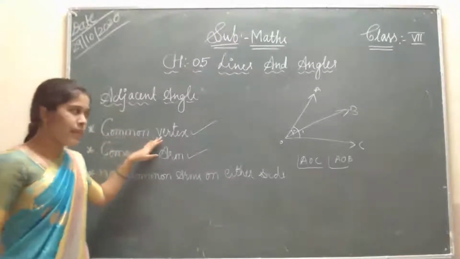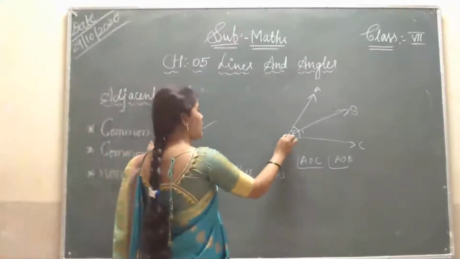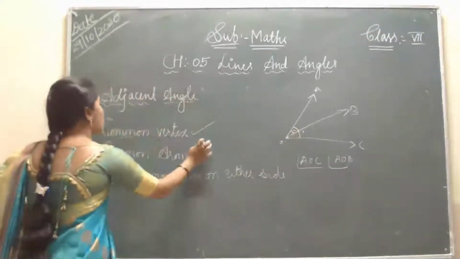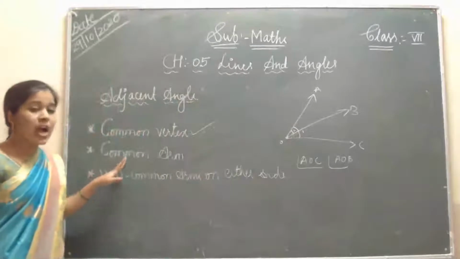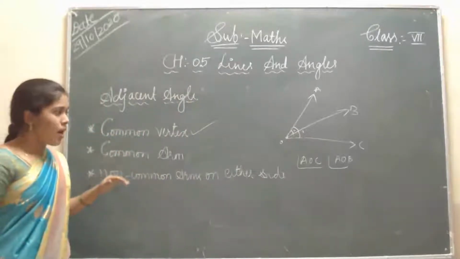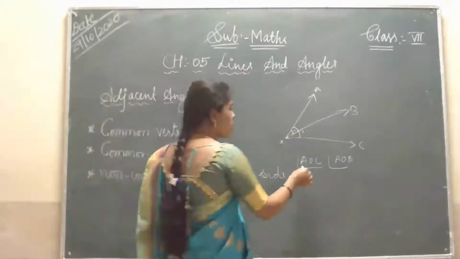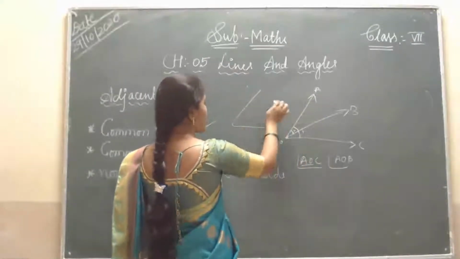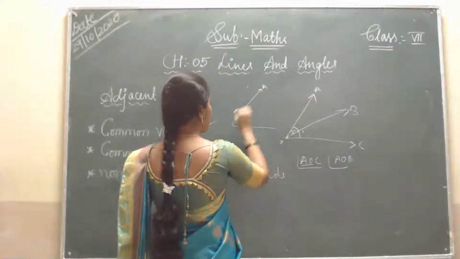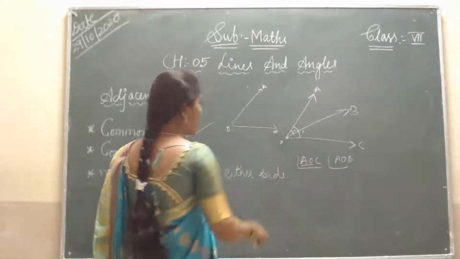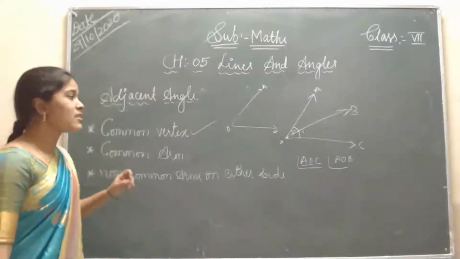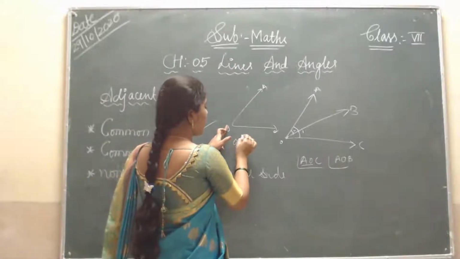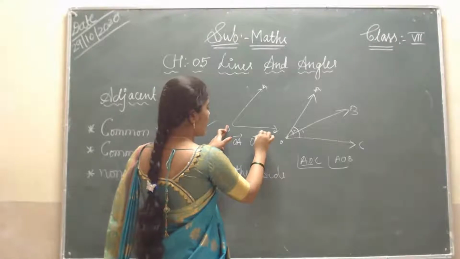Common vertex. Yes, for these two angles the common vertex is O. So yes. Next, common arm. For angle AOC, there are two rays, OA and OC.